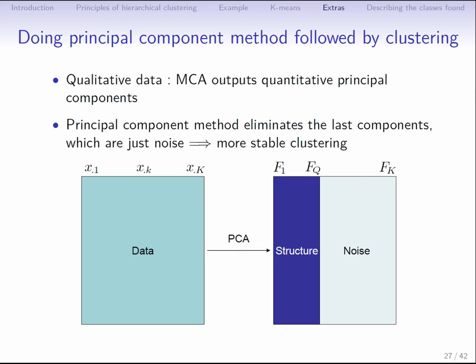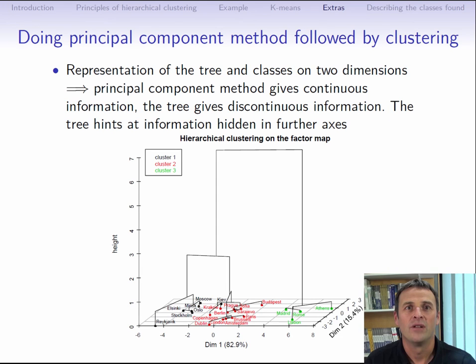We get rid of the random, that is the noise, before classifying, which gives in practice a more stable classifier. When we say more stable, we mean in the sense that adding or removing a few individuals doesn't perturb the class structure too much.